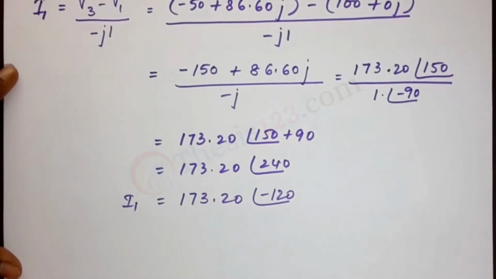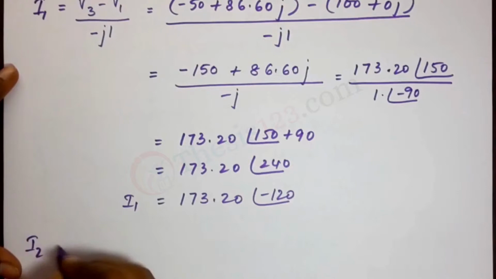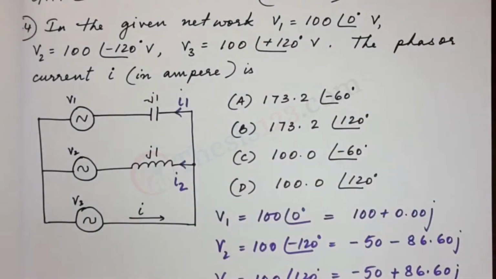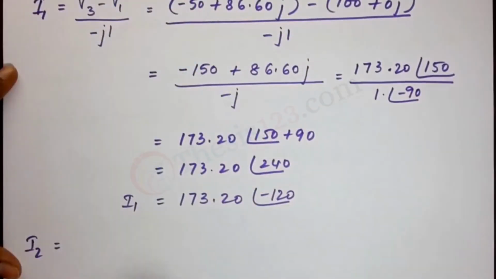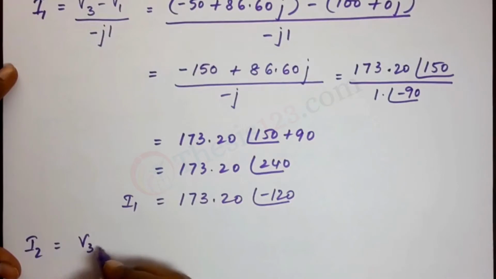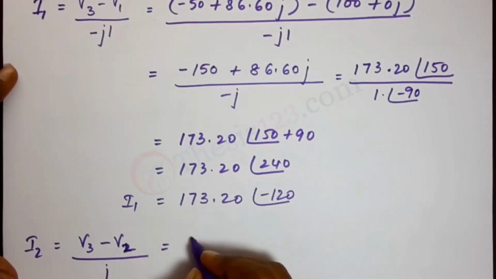Now let's do the same thing to find the value for I2. I2 from our figure here is V3 minus V2 divided by J1. So that's V3 minus V2, sorry, that's V3 minus V2 divided by J. Let's substitute the values.